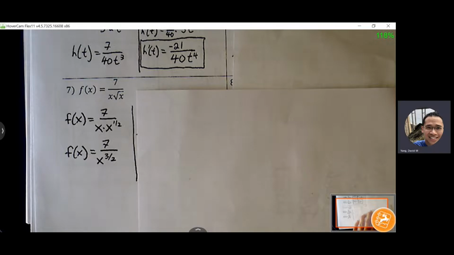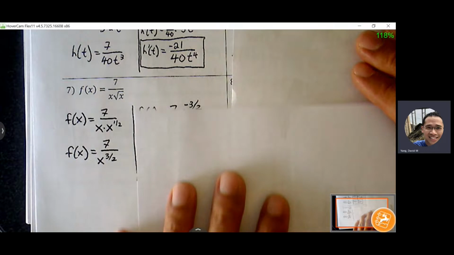Going through the steps halfway through. Root x becomes x to the 1/2. 1 plus 1/2 is 3/2. So the variables are merged together, but it's still not quite in the right place. So we've got to bring it up.